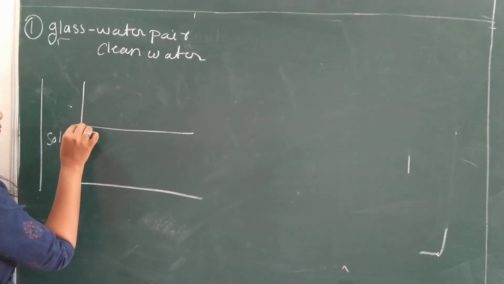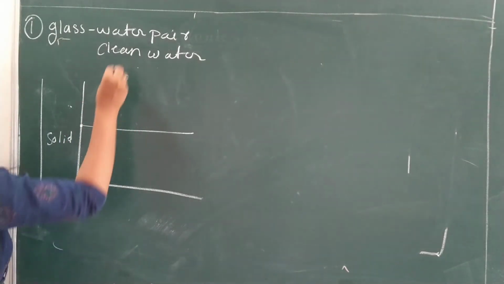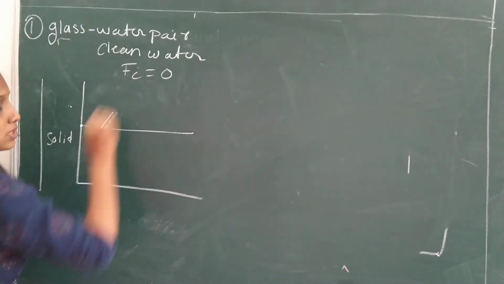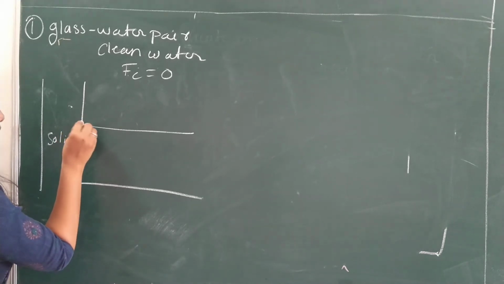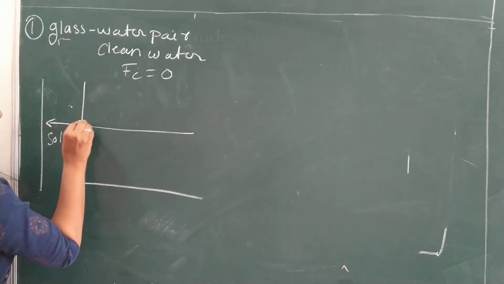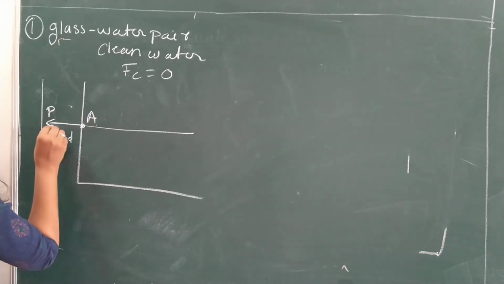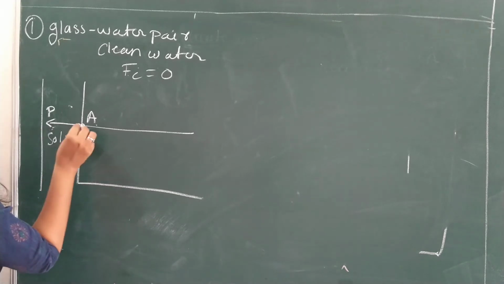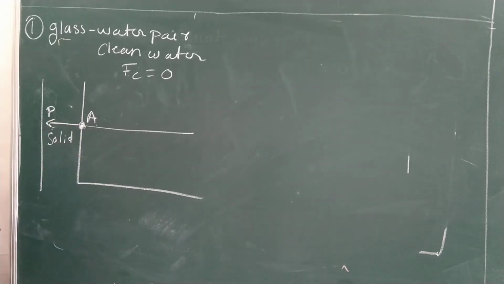Your cohesive force in the case of clean water is 0, meaning I can say Fc is 0. So whatever resultant force acts on it is nothing but adhesive force. If this is the molecule A at the corner, and the AP component represents my adhesive force, that is the force between the liquid molecule, water, and the glass molecule.